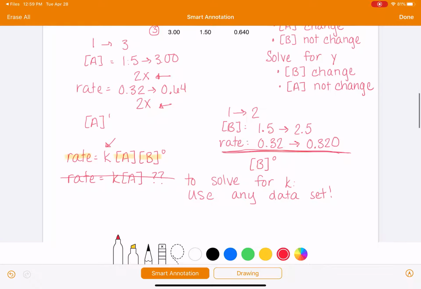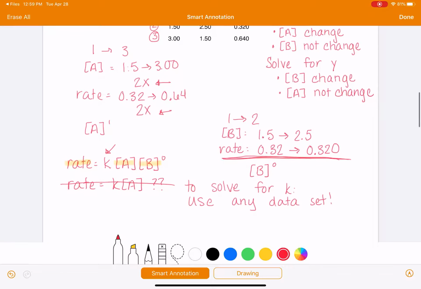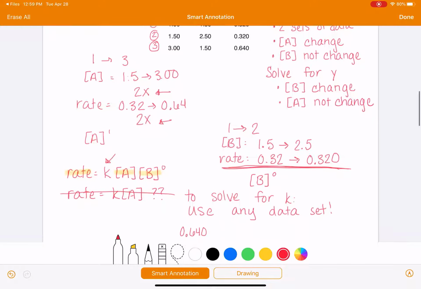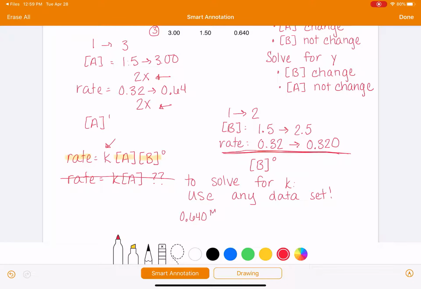I will use data set 3 because I'm going to scroll up, and data set 3 is the only one I can still see. So for data set 3, the rate is 0.640, and the units were molarity per second. k is what we're trying to figure out. [A] is 3.0 molar, and that is to the 1. And [B] is 1.5 molar, and that is to the 0, which is just going to become 1.